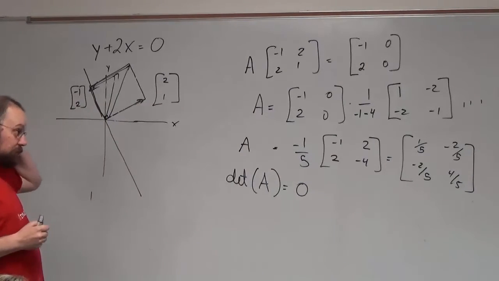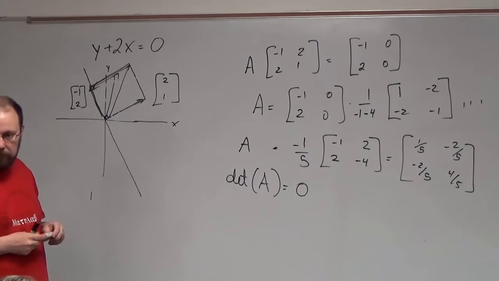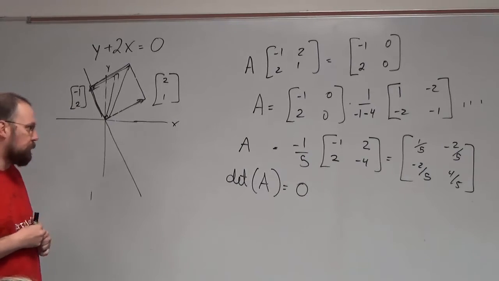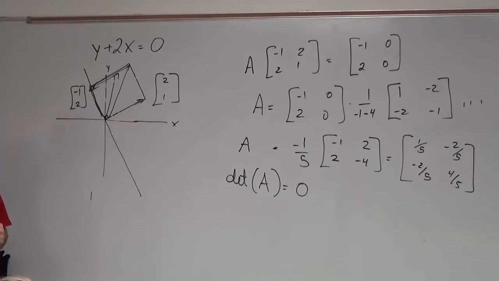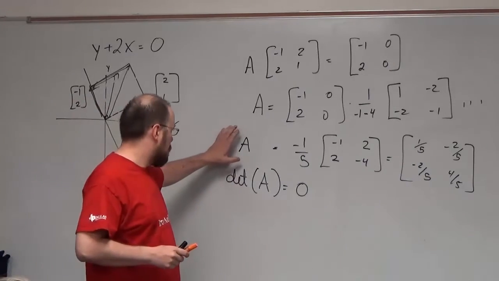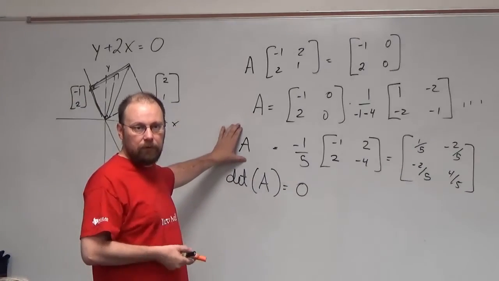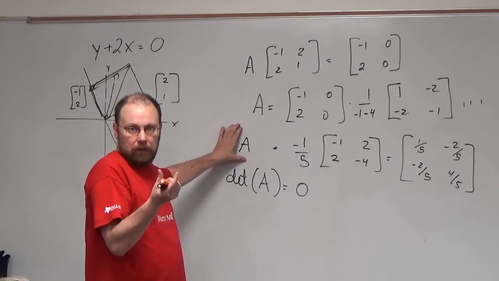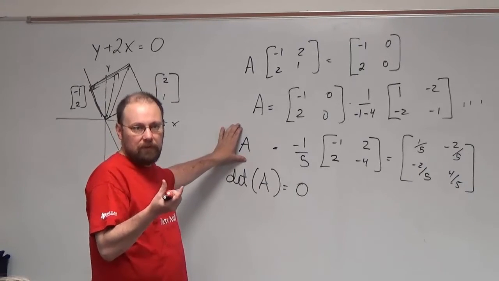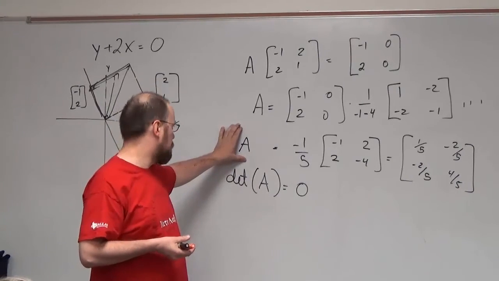So what do we know about the null space of the matrix? Well, it's not trivial, right? If the square matrix is invertible, has non-zero determinant, then there's only one vector in the null space, and that's the 0 vector itself, the trivial solution.